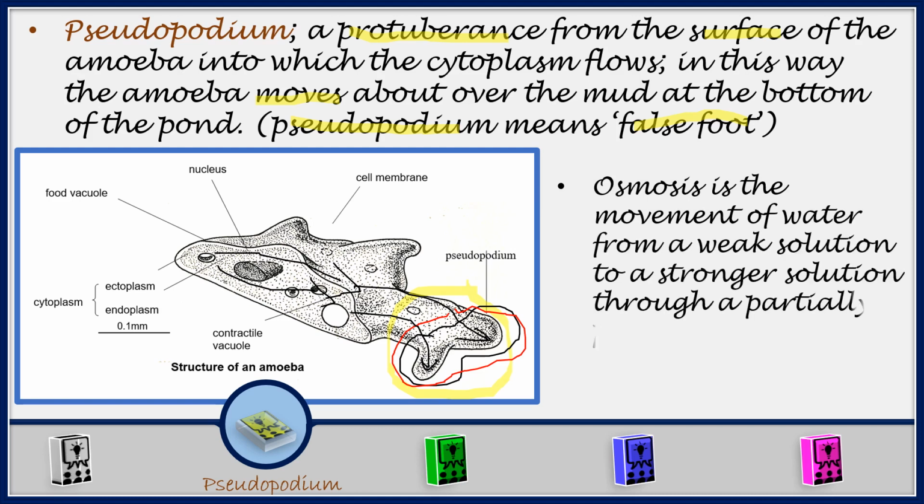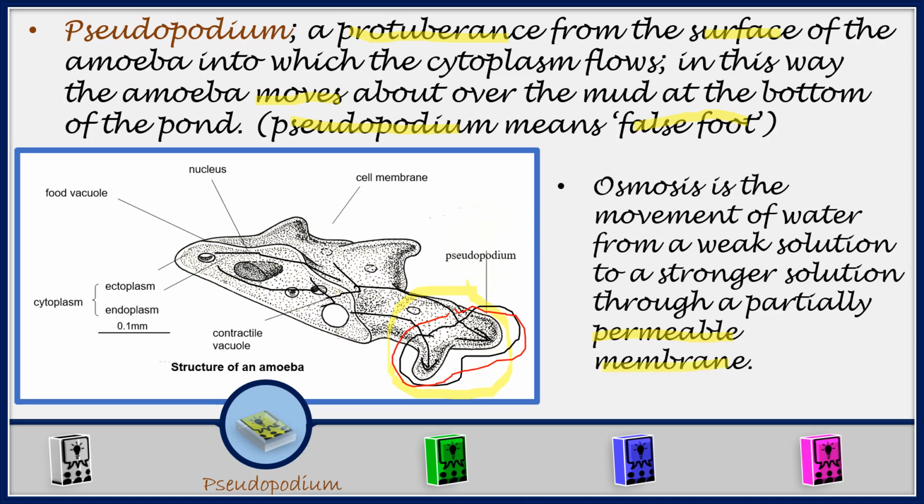So we talked about water entering the cell of the amoeba by osmosis, and this is the movement of water molecules from a weak solution to a stronger solution, always through a partially permeable membrane.